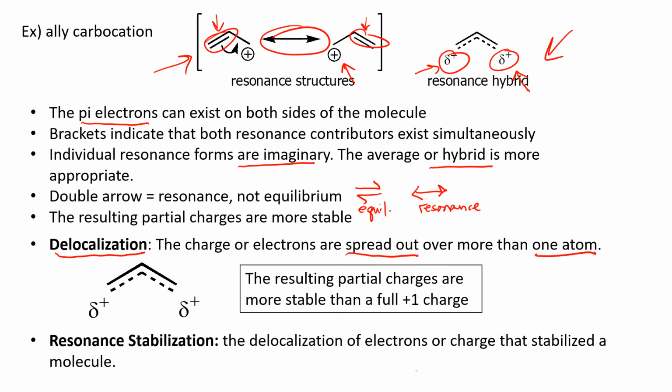And this is what causes resonance stabilization. So when we can delocalize electrons, we stabilize the molecule. That's the reason that this happens. So the partial charges, again, are more stable than a full +1 formal charge. So the molecule undergoes resonance, or the electrons can move from different atoms into different bonds and vice versa, due to resonance stabilization.